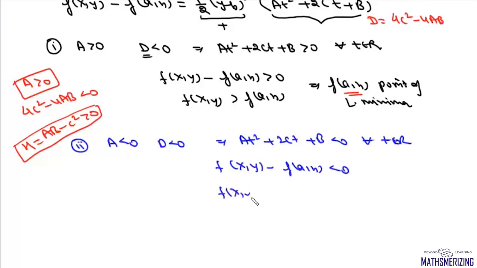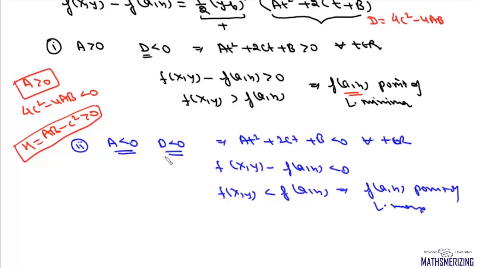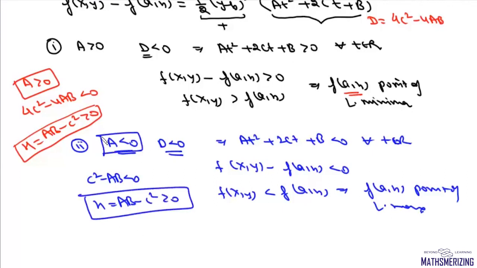So we can write f(x, y) is less than f(a, b), which simply means that this f(a, b) is a point of local maxima. So we'll have a point of local maxima when a is less than 0 and d is less than 0. And d again is c square minus ab is less than 0, which means h, which is ab minus c square, is greater than 0. So if we have h greater than 0 and a less than 0, then it will be a point of local maxima.